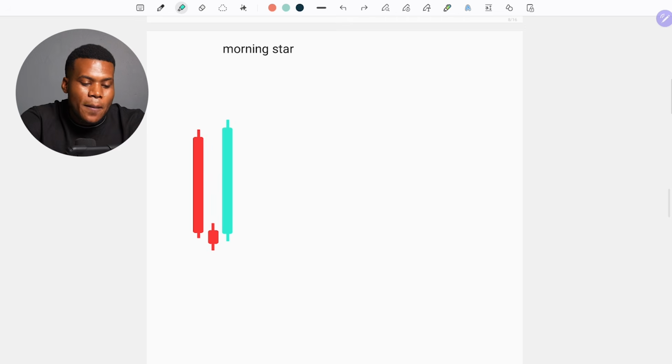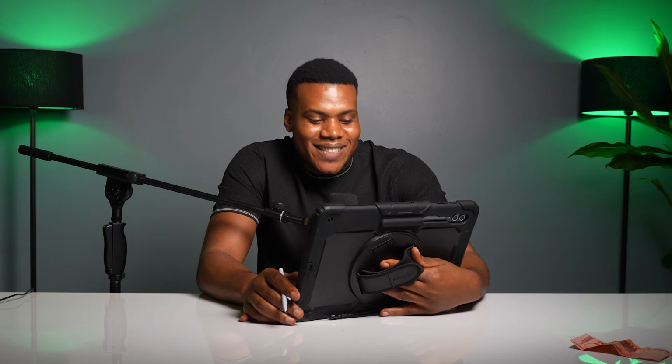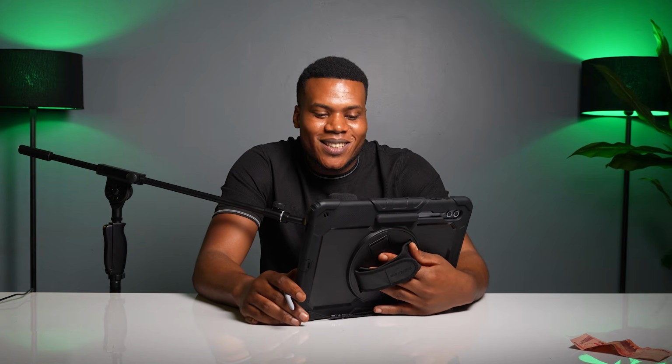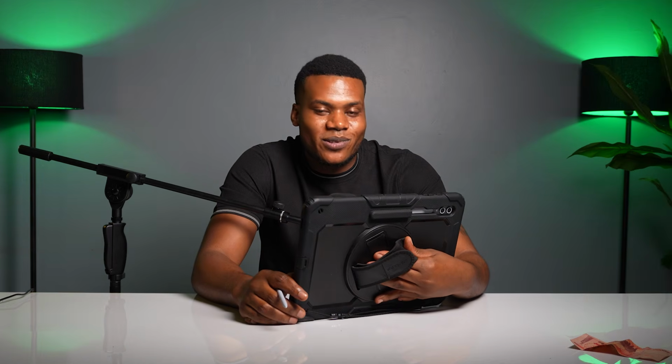Then we go to the morning star. Morning star is one of the best reversal pattern candles that you will ever find in the market. And every time you find it, just know it is time to eat. But don't just use reversal pattern candles without other ingredients, because I'm also going to give you other ingredients that are going to help you use reversal pattern candles so you start winning.